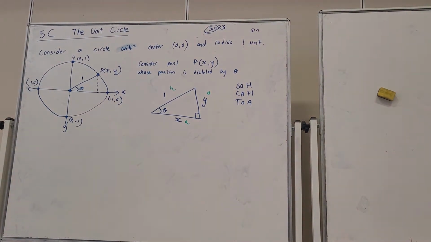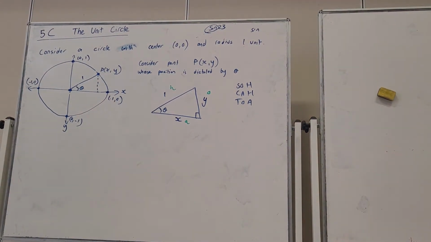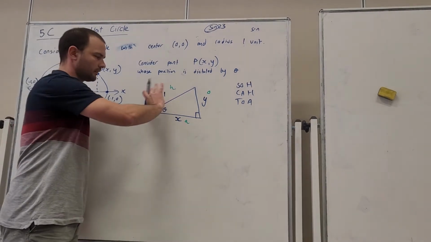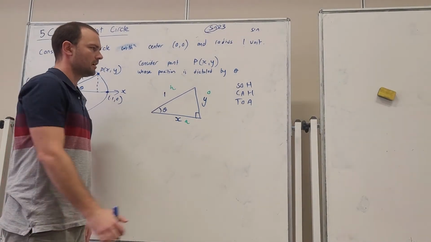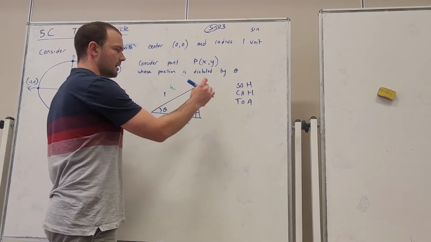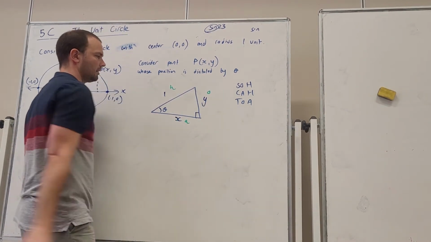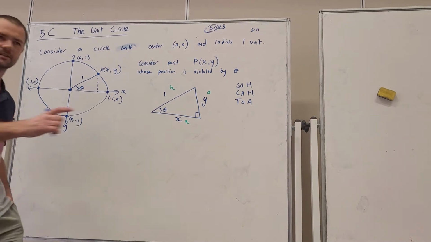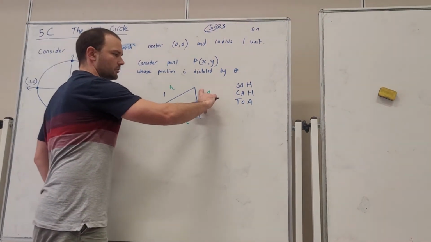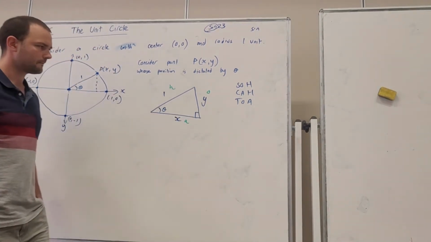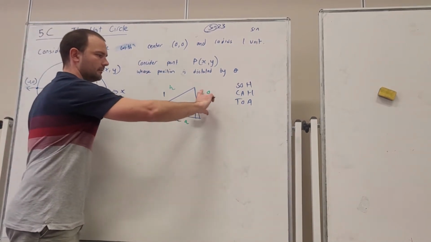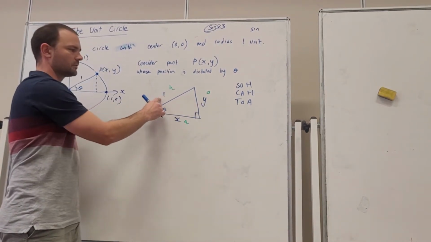Now that we've labelled the triangle, we can make some statements connecting these things that we have here. So firstly, let's say we want to solve for y. If we're trying to solve this unknown, we need a ratio that involves O and H, because we've got a value there.